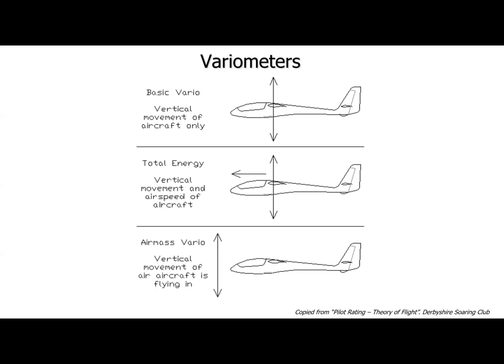You've slowed down, that's converted to extra height. So you think, sorted, it's a massive climb. The varios we fly are of this type generally, not the total energy varios.